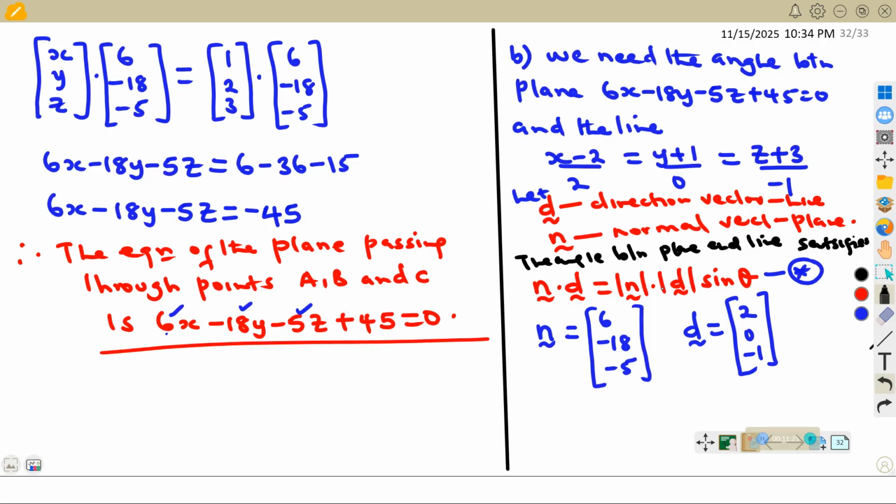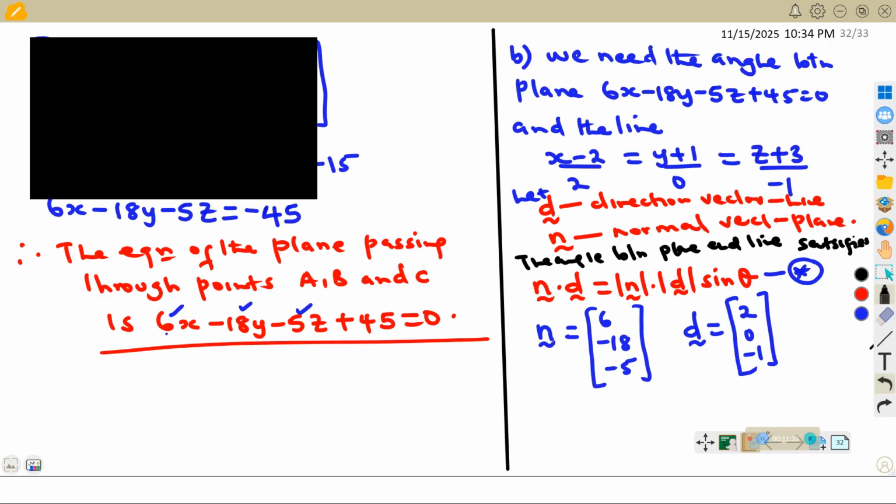So let us substitute in this expression. What is n dot d?